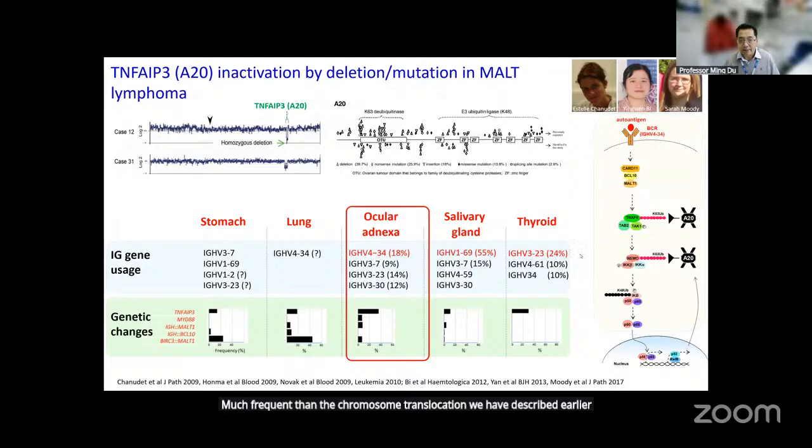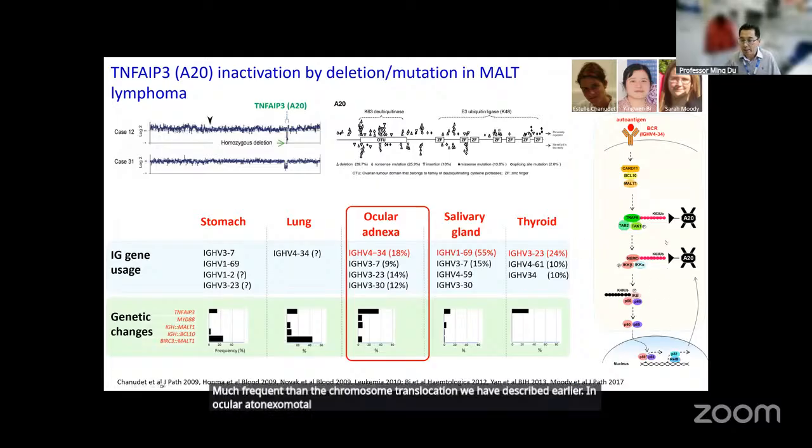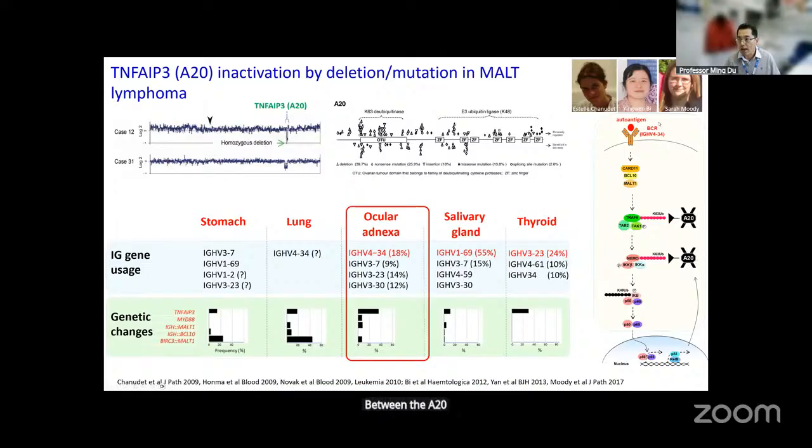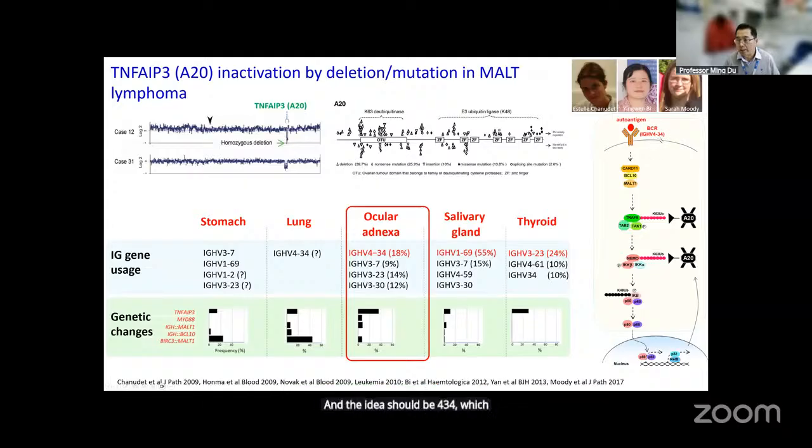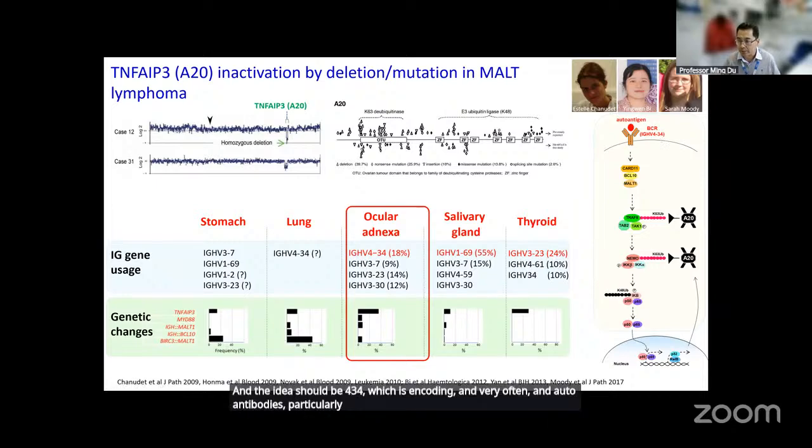In ocular adnexal multiple lymphoma, we also identified a significant association between A20 inactivation mutation and expression of autoimmune B-cell receptors, IgHV4-34, which very often encodes autoantibodies, particularly cold agglutinin.